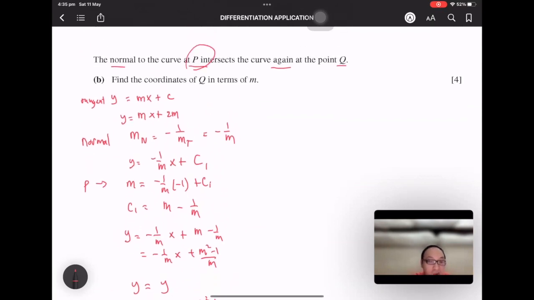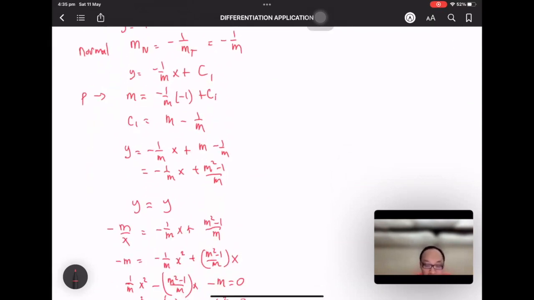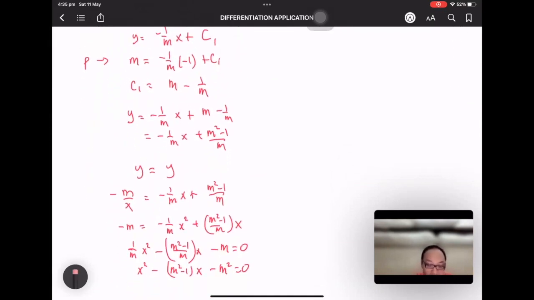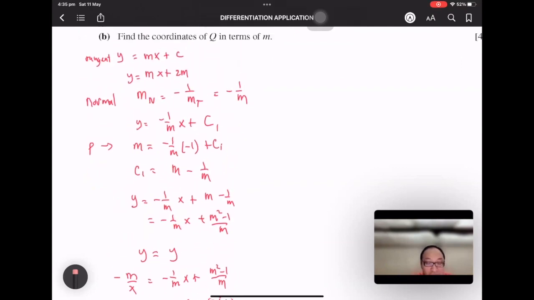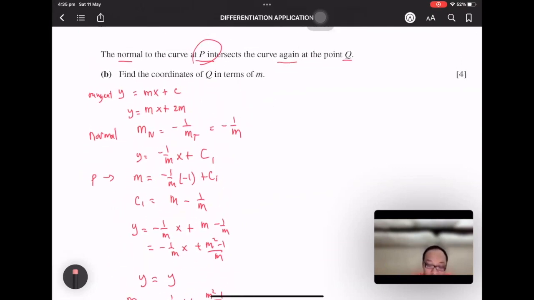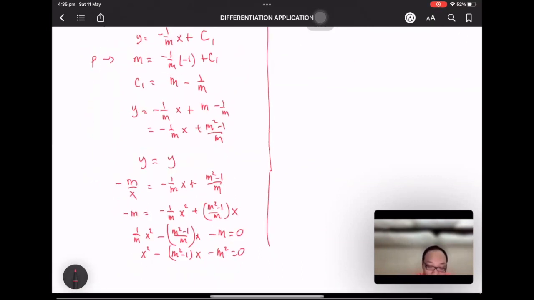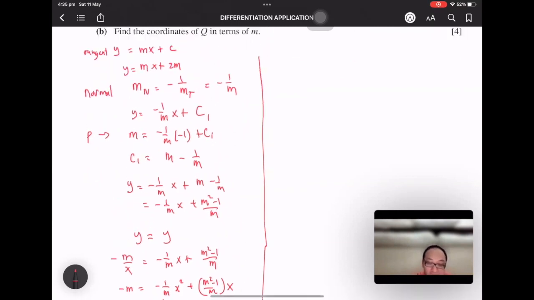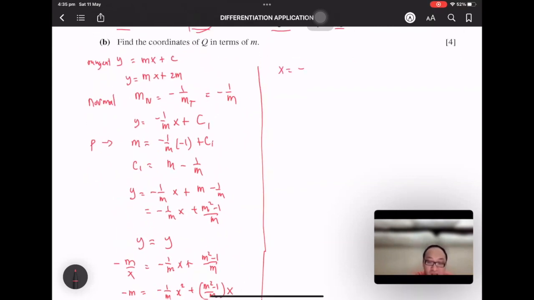Now that means we have to solve to find the coordinates of q. So we solve this equation. This will be a, this one will be b, and this will be c. So x is minus b plus or minus root of b squared minus 4ac over 2a.